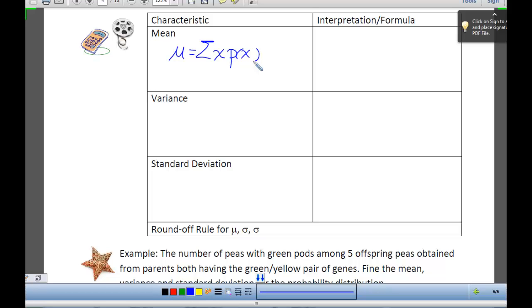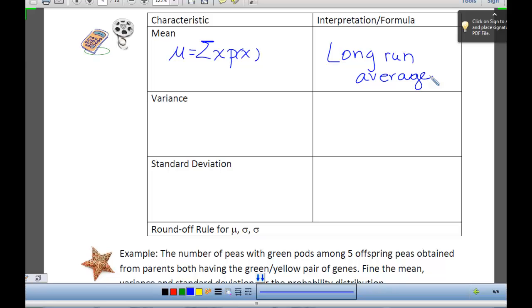What this gives us is the long run average if we repeat whatever the experiment is over and over again. Remember we talked about the law of large numbers in the last chapter? This gives us that long run average. After we've repeated it a large number of times, this is the mean in theory.